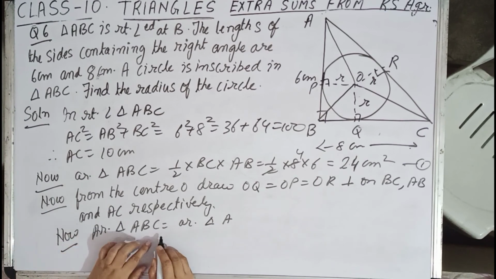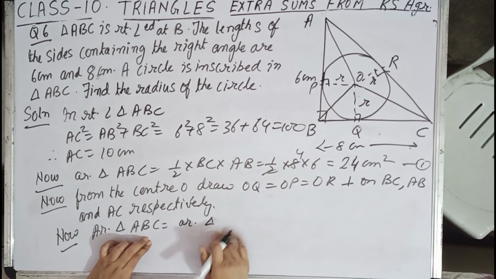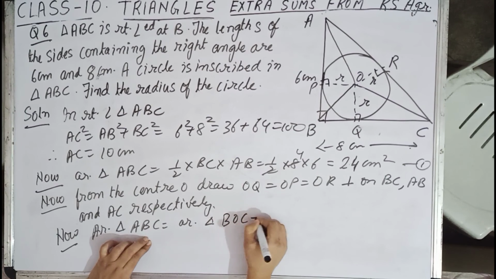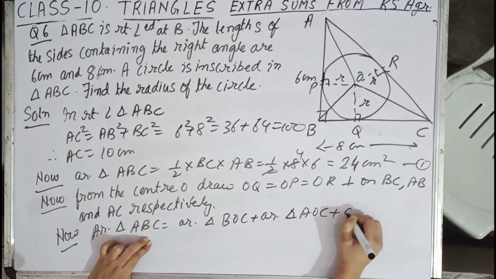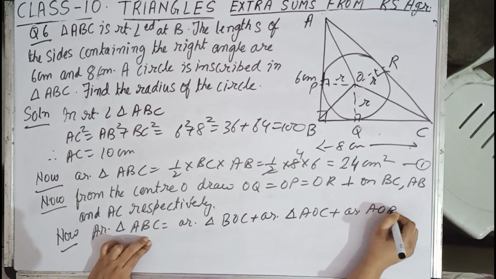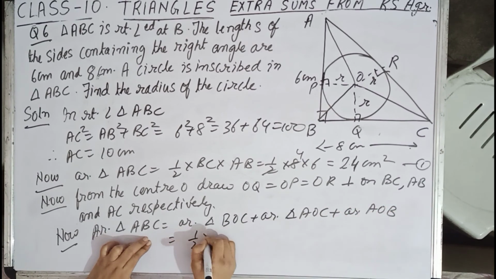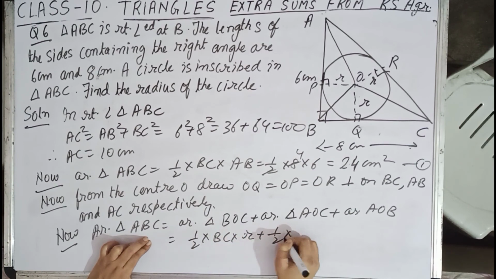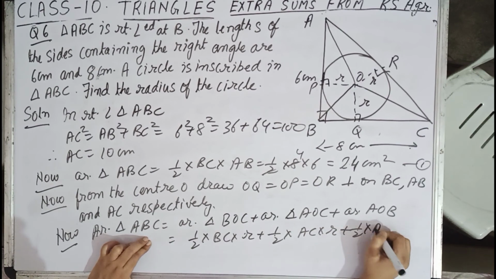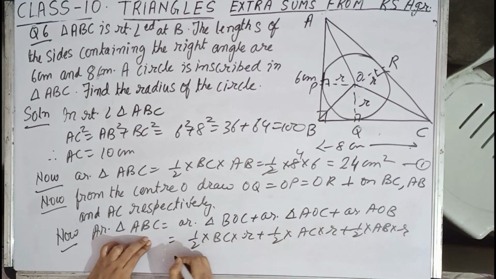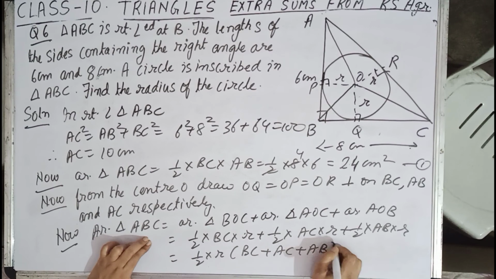Now area triangle ABC equals area triangle BOC plus area triangle AOC plus area triangle AOB, equals half into BC into R plus half into AC into R plus half into AB into R. So this half into R is common: half into R into (BC plus AC plus AB).